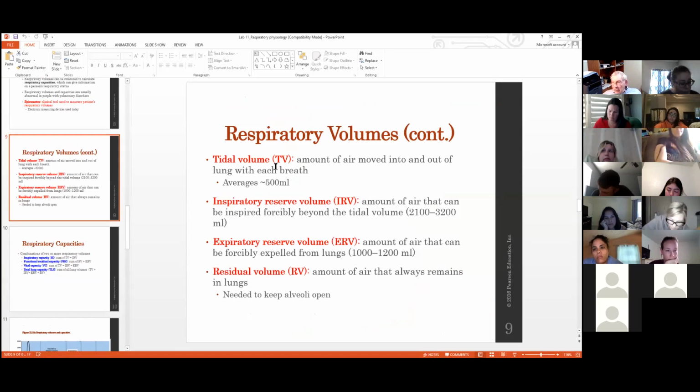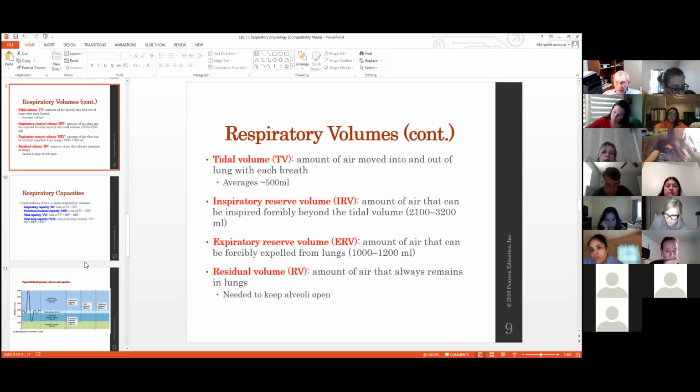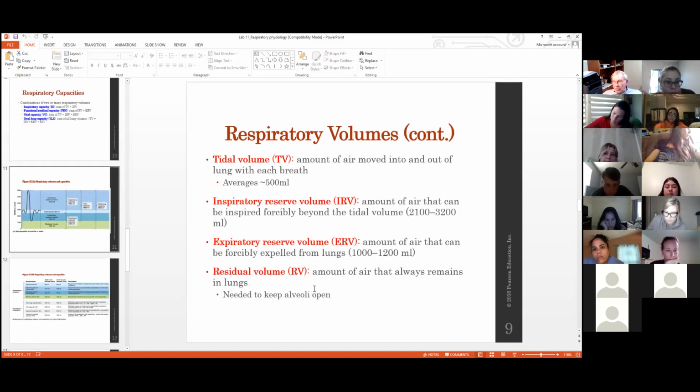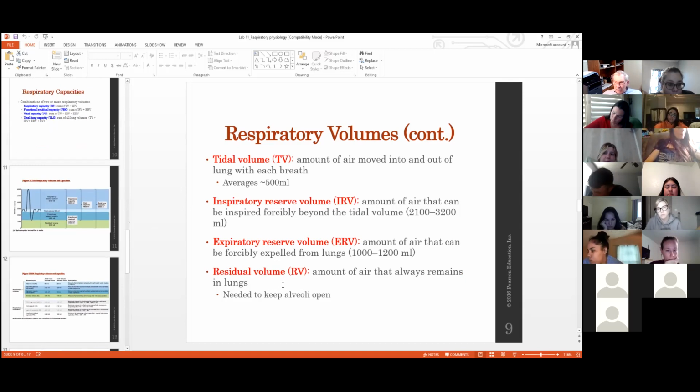So knowing tidal volume, inspiratory reserve, expiratory reserve, and residual. Basically, residual is what stays in your lungs at all time, and you can't blow that out. Tidal comes in and out. The tide comes in, the tide goes out.